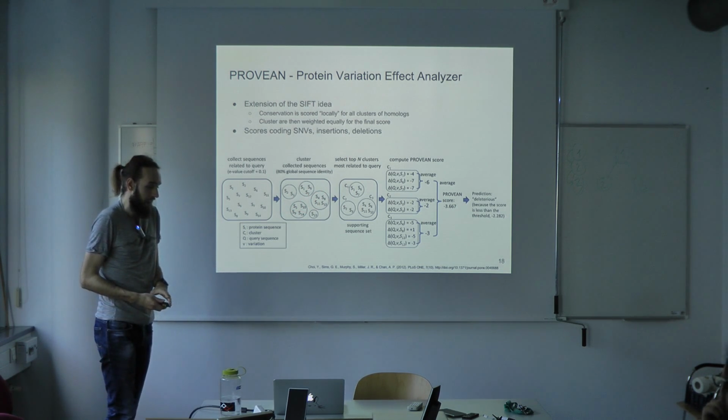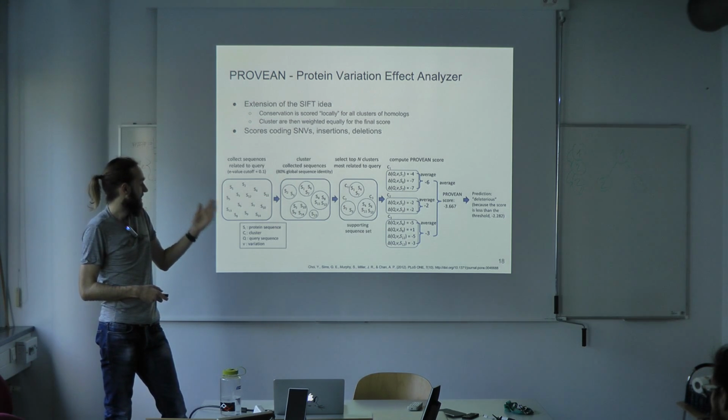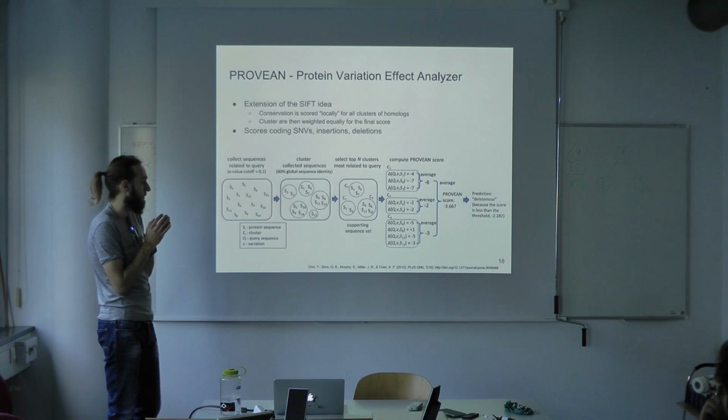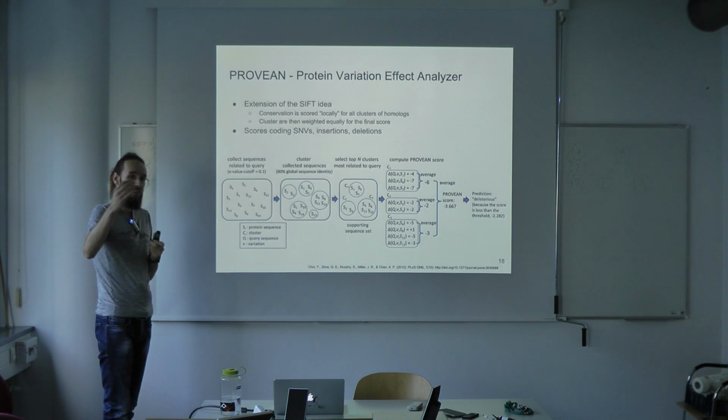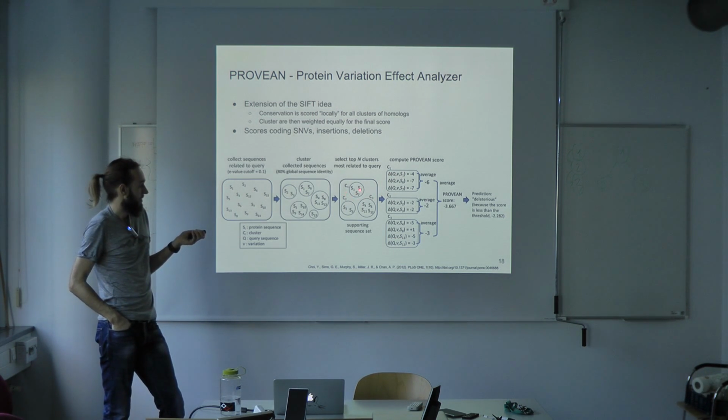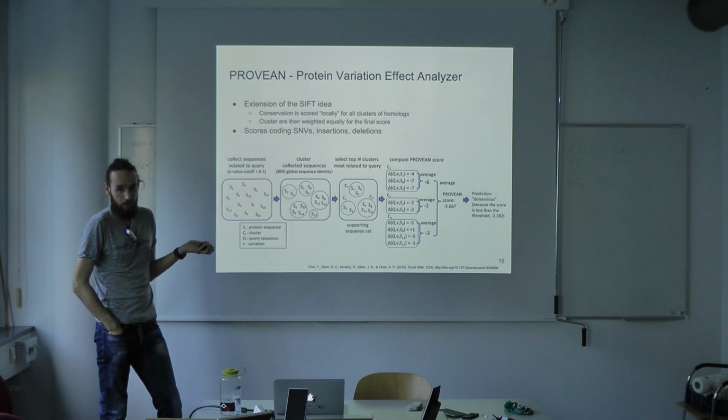And then they have some number n. They take the top n clusters, I believe the top 45 clusters, which are most similar to our query sequence. Then for every sequence in that cluster, so here it's the top 3 clusters in this example, just for simplicity.